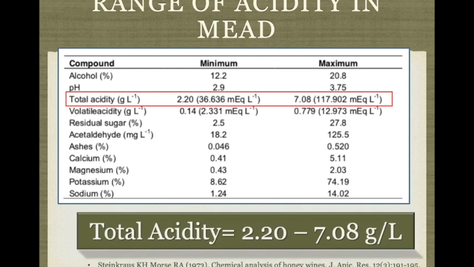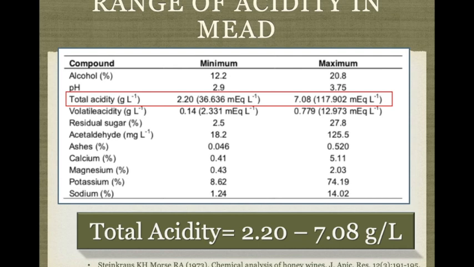This is a publication from Steinkraus and Morse. It's an older publication, from 1973. And basically it's showing that the total acidity of mead can be quite variable depending on the base ingredient, the honey specifically, anywhere from 2.2 up to just over 7 grams per liter.